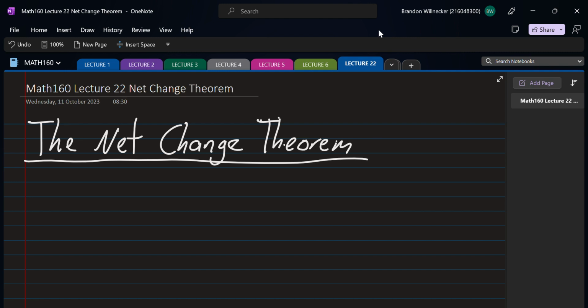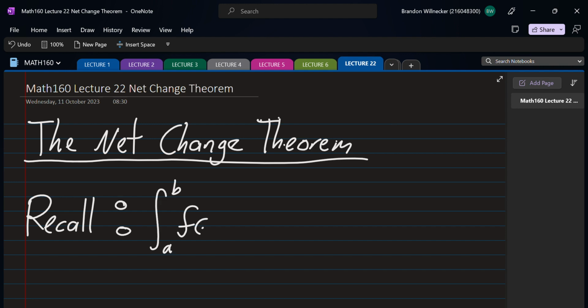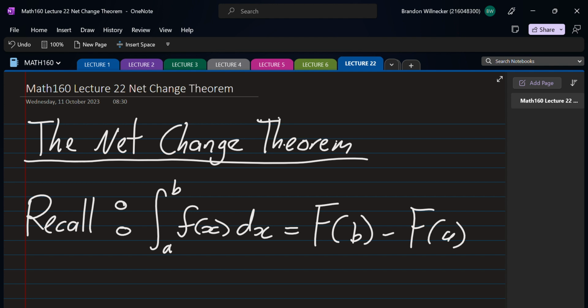through them yourselves. Okay, so before we get into the net change theorem, just quickly recall the fundamental theorem of calculus. Okay, so part 1, as we called it. So this was the integral from a to b, little f of x dx was equal to the antiderivative at b minus the antiderivative at a.